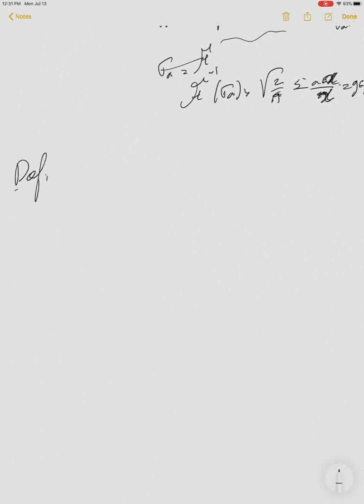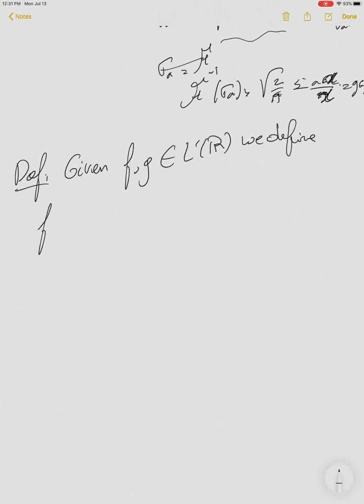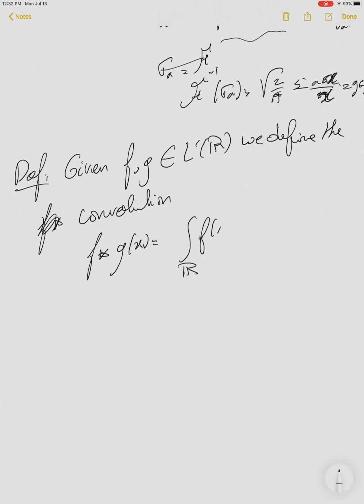So definition, given f and g in L1 of R, we define the convolution f convolved with g at x equal to the integral over R of f of x minus y times g of y dy.